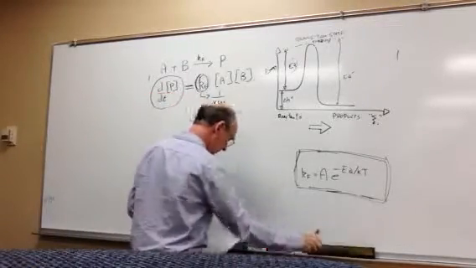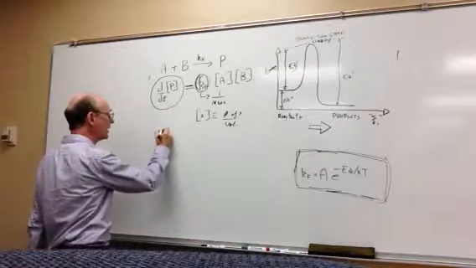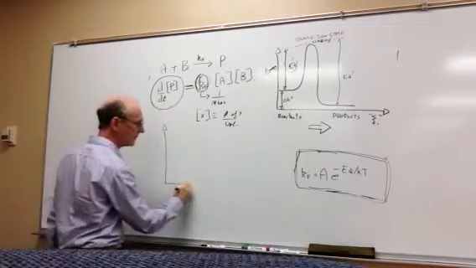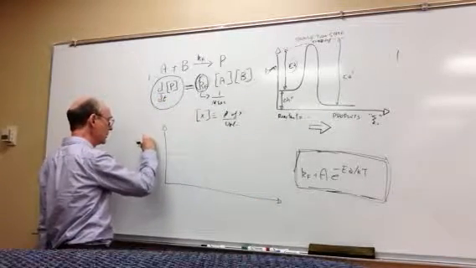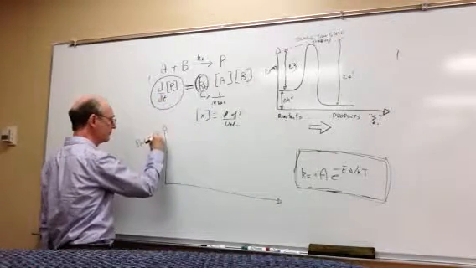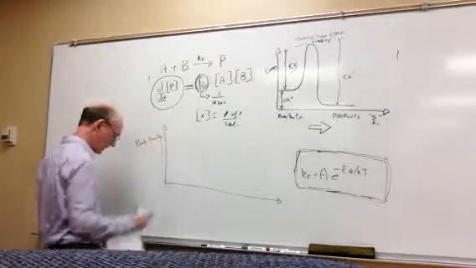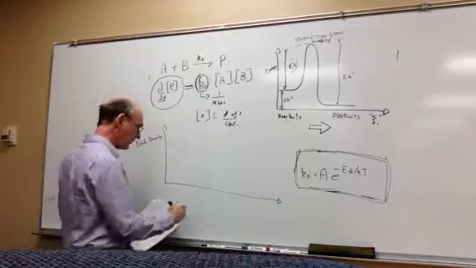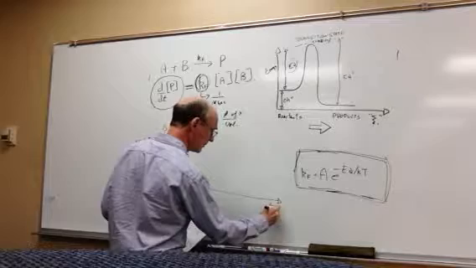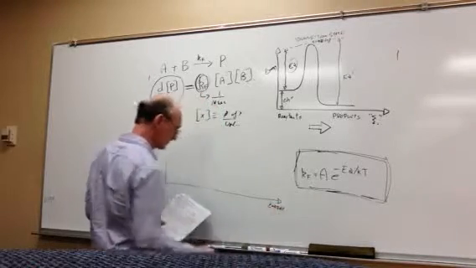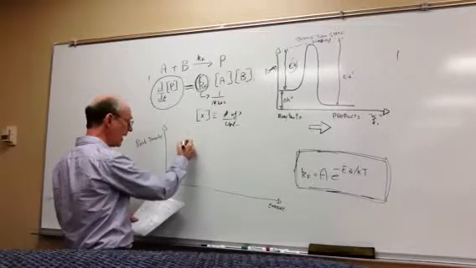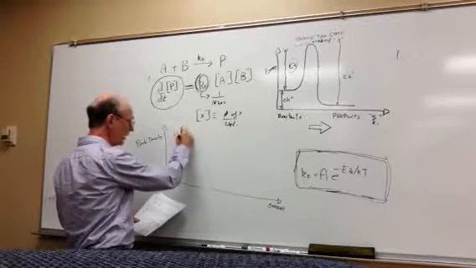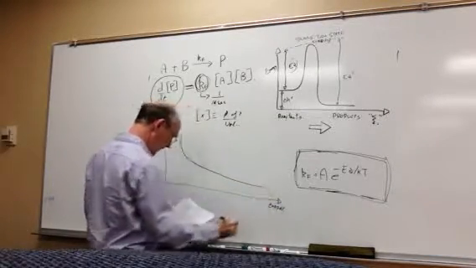It turns out that if you plot the probability density as a function of energy for two temperatures, T low and T high. At T low, the curve looks like this.